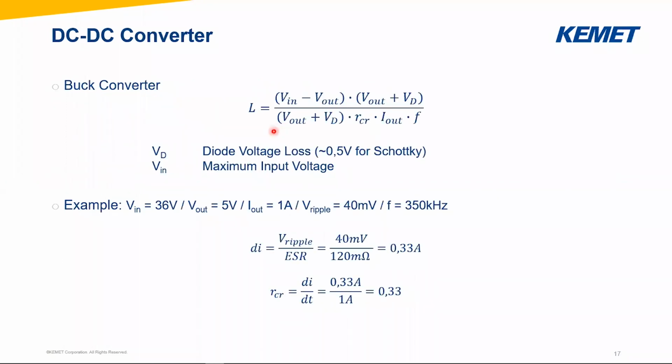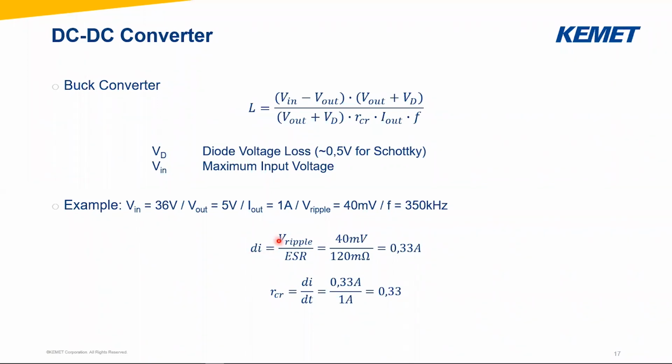So this is the easiest way to calculate. And as I told you before, we know the input voltage, the output voltage, and the diode voltage is clear to me. But what is below here? The RCR. This is my ripple. To calculate this ripple current, I need to make an assumption, and the assumption is usually something like 33%, or we can also calculate this.